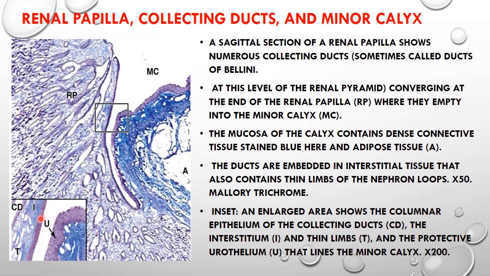This lining epithelium, which is the columnar epithelium, transitions into the urothelium, which is a transitional epithelium. The transitional epithelium lines the minor calyces, the pelvis, the ureter, and the urinary bladder up to the urethra. Therefore, it is also called the urothelium.